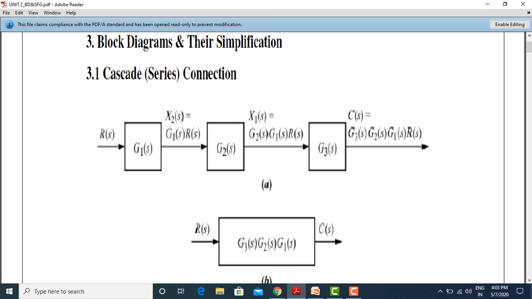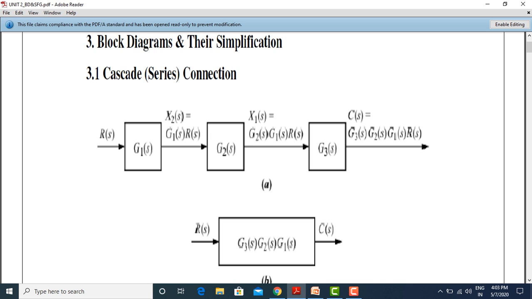Previous signals coming to this point, G1 and R of S, that is the value of x2 of S. How are we going to calculate x1 of S? Previous blocks into input, G1, G2 and R of S. How are we going to calculate the output? These blocks into reference input, G1, G2, G3 and R. That will be your controlled output.